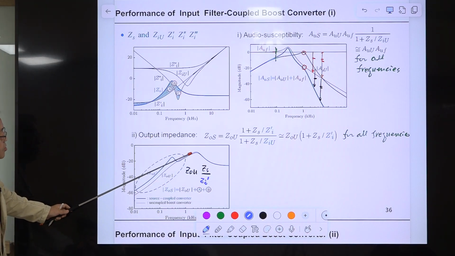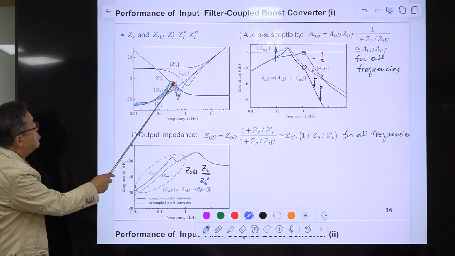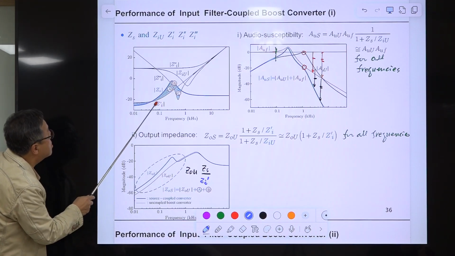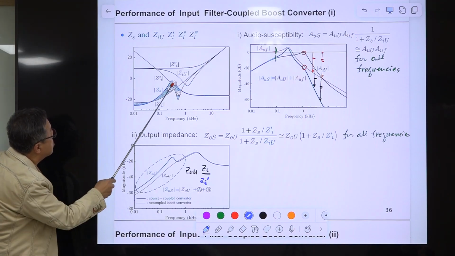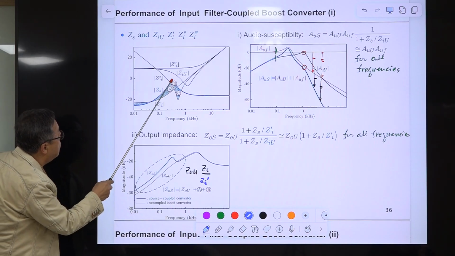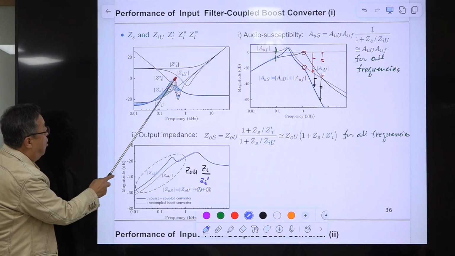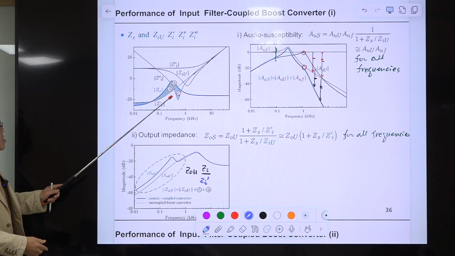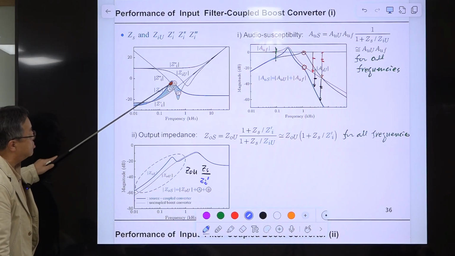Source coupled and uncoupled generate the same output impedance characteristics, but in this region there is overlap. This is the GI prime, here, and this is the GS. So you have overlap of A and B, which should be added. This is the area of A plus B, because GS is larger than GI during this frequency range.